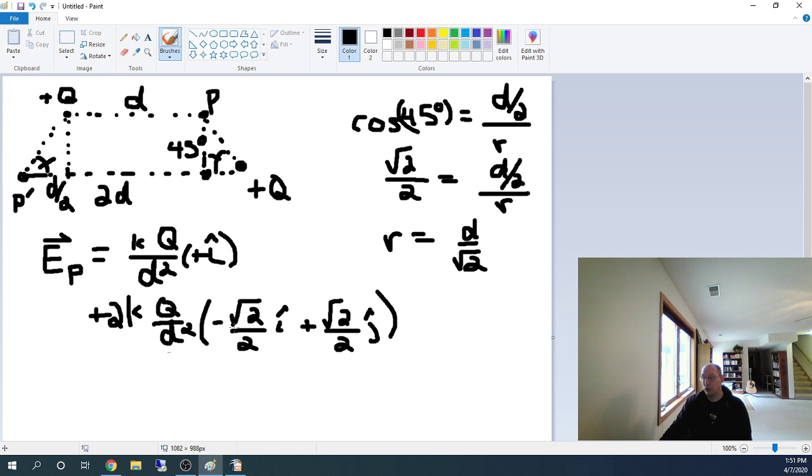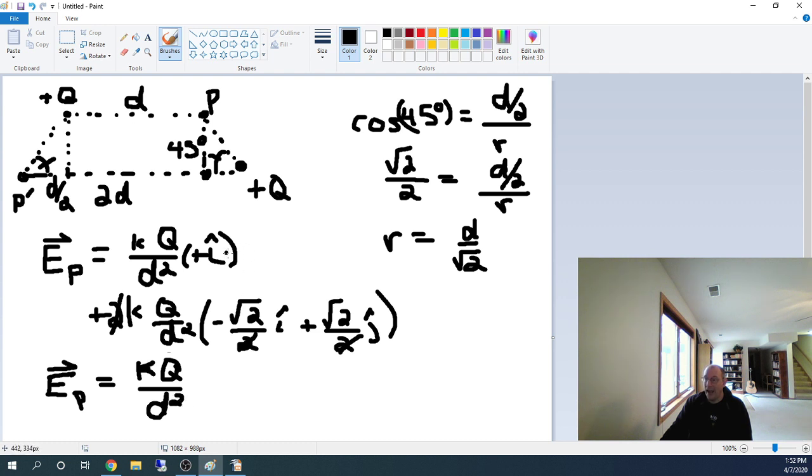So the common 2's that you have there, you could cancel if you wanted. And then we could add the i components if we like. But everything is K times Q over D squared now. So the electric field at point P would be, if I gather the two i hats together, a common factor of KQ over D squared.